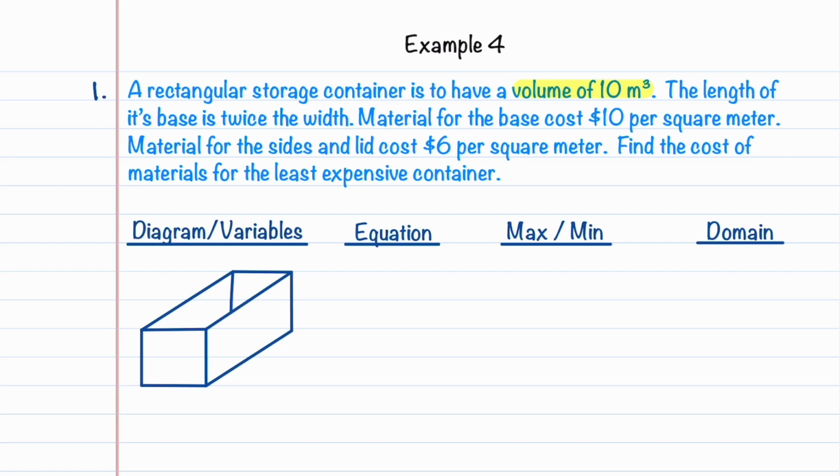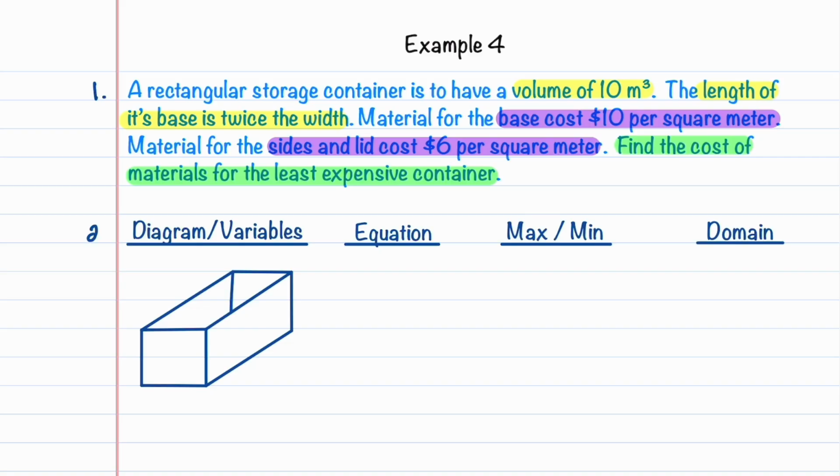We're then told that the length of its base is twice the width. Material for the base costs $10 per square meter, and then material for the sides and lid costs $6 per square meter. We are to find the cost of materials for the least expensive container.